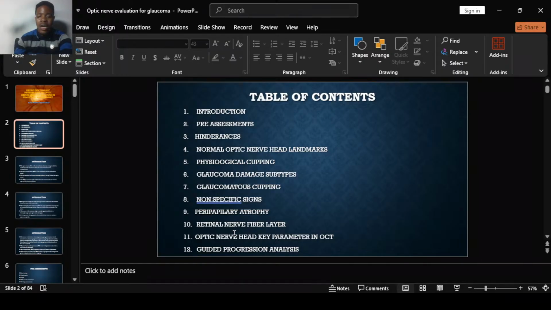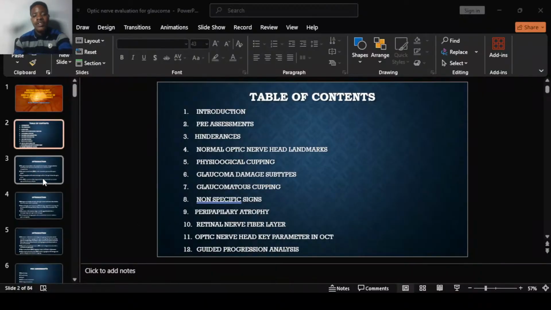We're also going to look at glaucomatous cupping, non-specific signs, peripapillary atrophy, retinal nerve fiber layer, optic nerve head key parameters in OCT, and then finally we'll look at guided progression analysis, which is a recent upgrade in glaucoma management. So having said this, let us begin effectively.